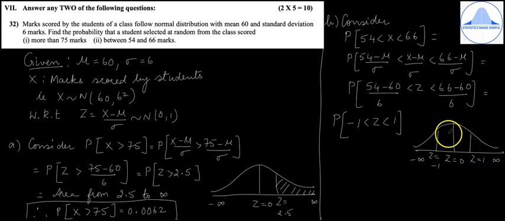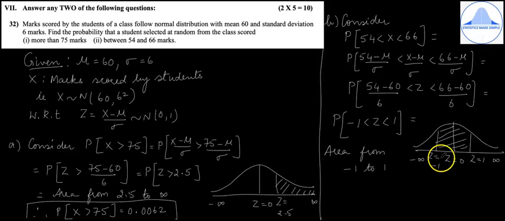And z is lying between minus 1 and 1. So you have to shade between minus 1 and 1. So this is equal to area from minus 1 to 1. The area from minus 1 to 1 we cannot directly find out from the normal tables, but from any number to infinity we can find out.